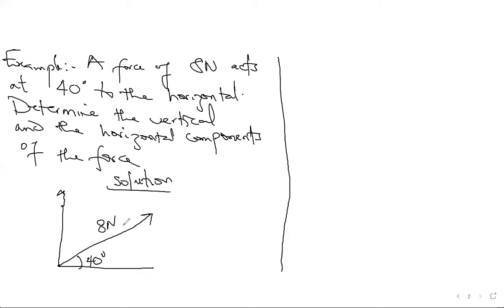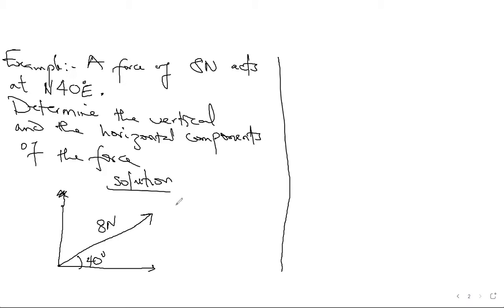It's 8 Newton. Okay, let me correct this. Let me put it at 40 degrees north of east. I think it's clearer that way. Let's put it that way so that I can represent it like this.